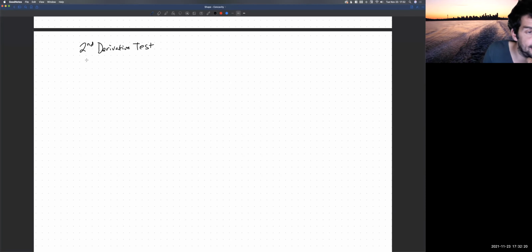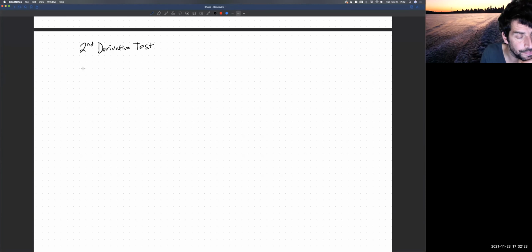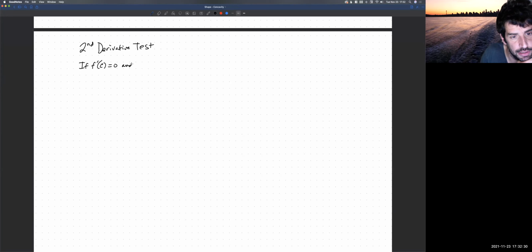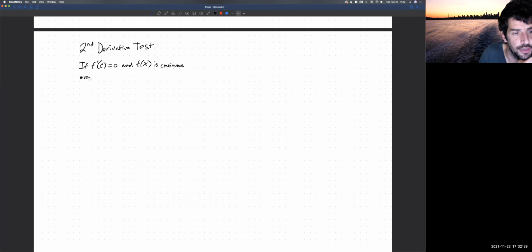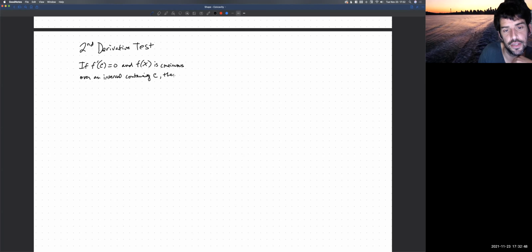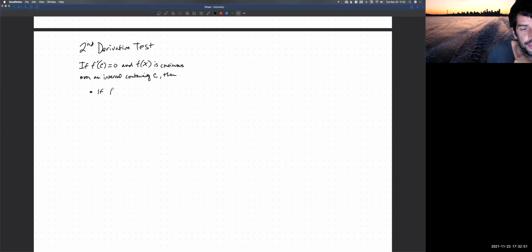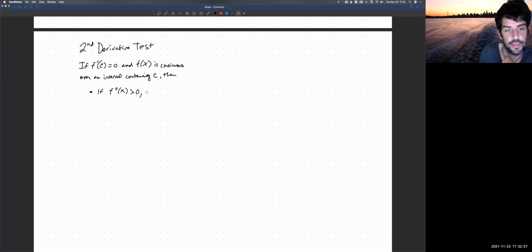All right, so let's state this test. It is that if f prime of c equals 0 and f is continuous over an interval containing c, then if f double prime of x is greater than 0, we're concave up, then c is the location of a local minimum.